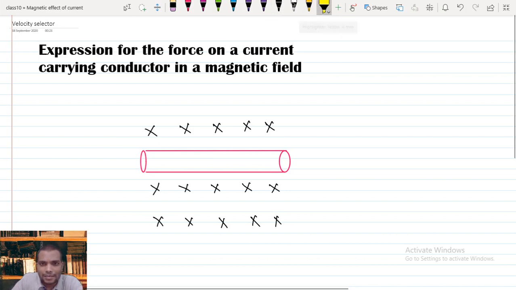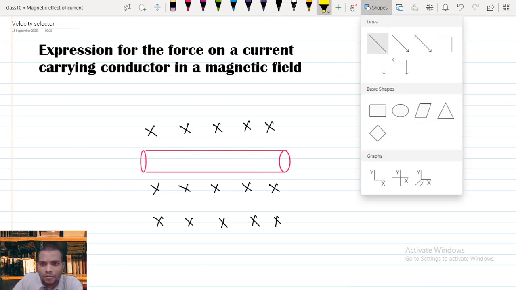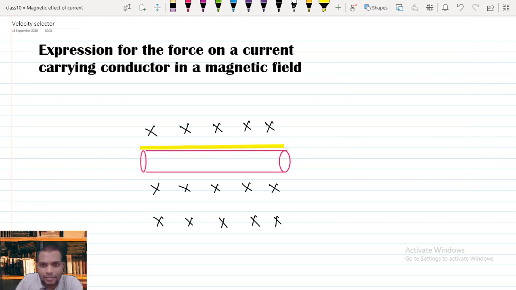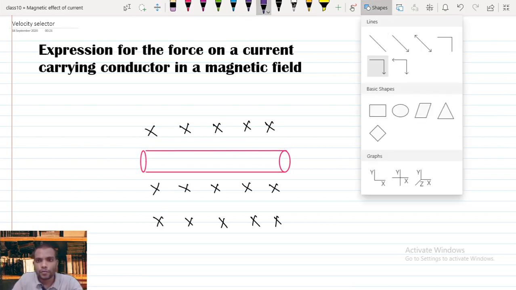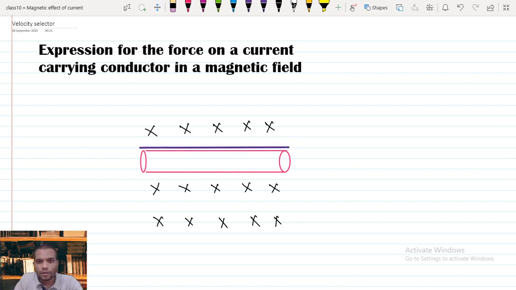Suppose this is a conductor of length L, and it has area of cross section capital A.